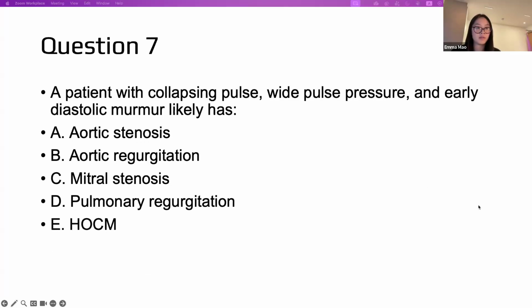Okay, one more, I think. So this patient has a collapsing pulse, a wide pulse pressure, and an early diastolic murmur.